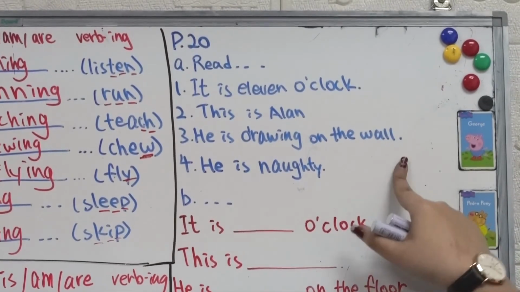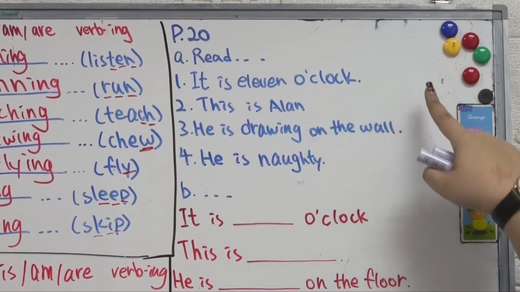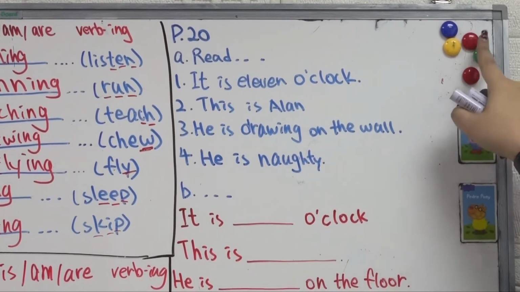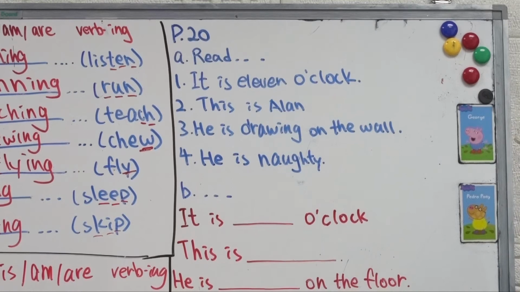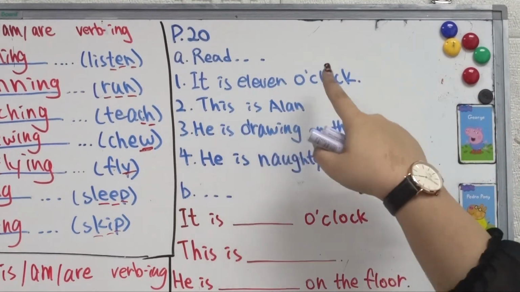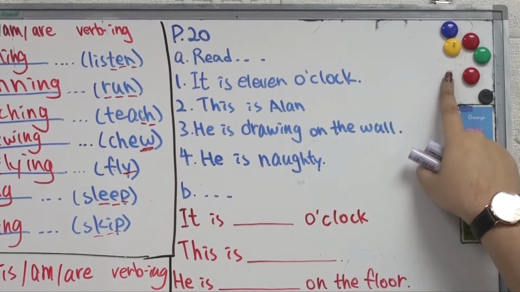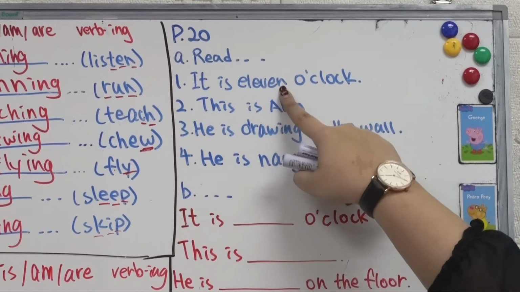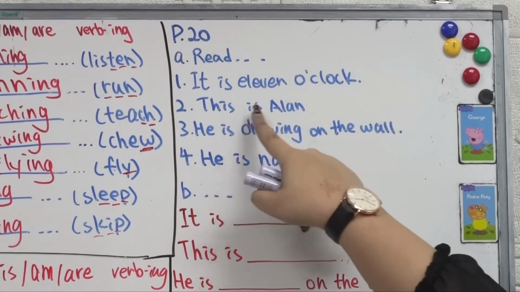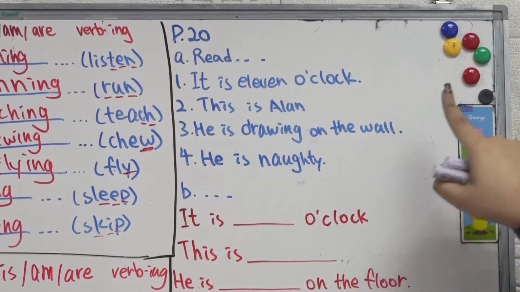So the first one is here. You will see a picture of a boy that's called Ellen, and there's a clock here, right? So number 1 has been done for you. It is 11 o'clock. The clock here is pointing to 11 o'clock. This is Ellen, because the boy's name is Ellen.